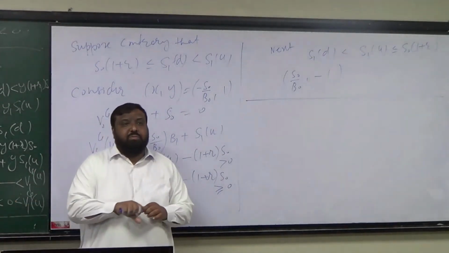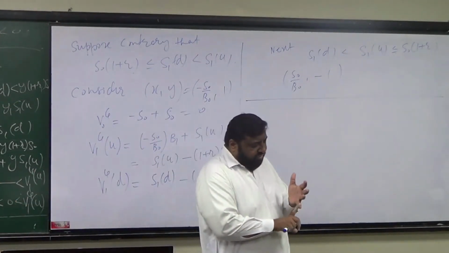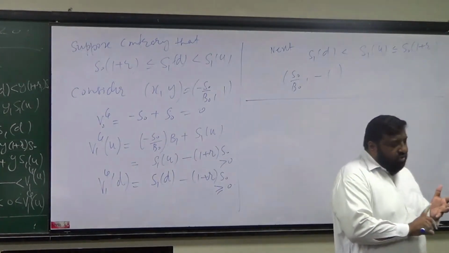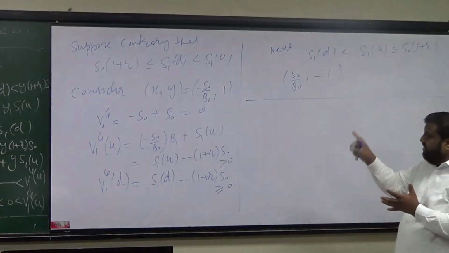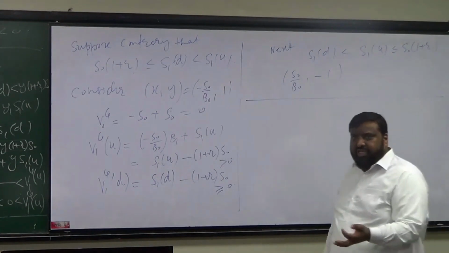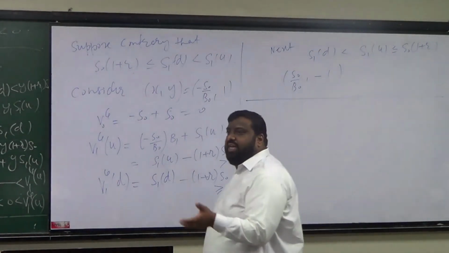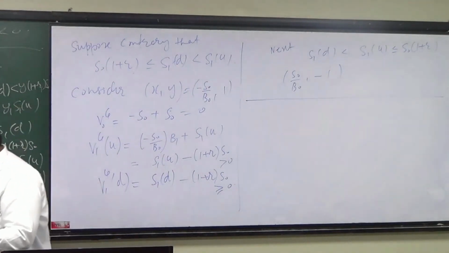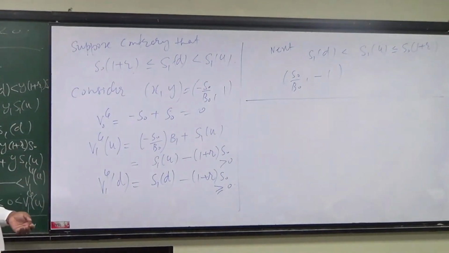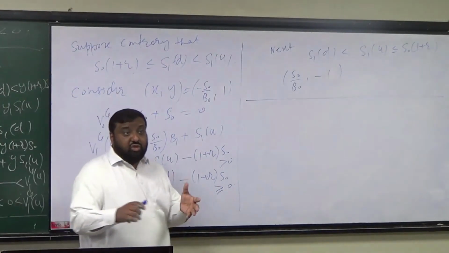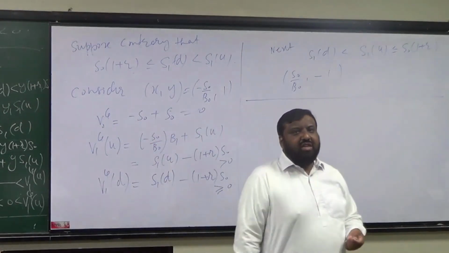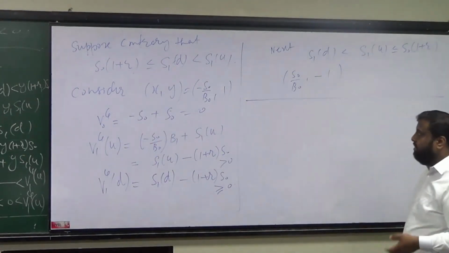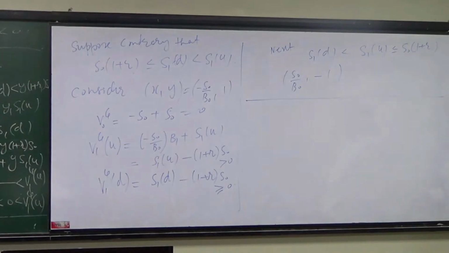So we set up some objectives. There were two fundamental objectives. Number one, we want to make sure that in the movement of price there is no arbitrage opportunity. And the second thing is that if I have a function of a stock, which is kind of a derivative, then it should be fairly priced. In other words, there shouldn't be any arbitrage opportunity, and it shouldn't be overpriced or underpriced.